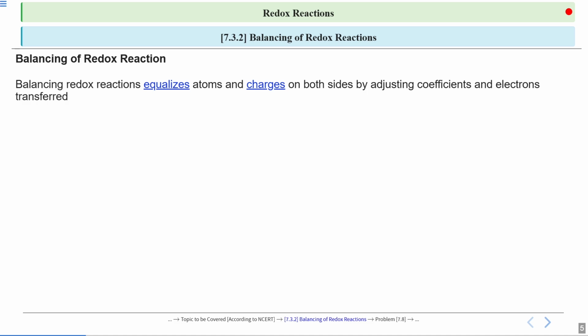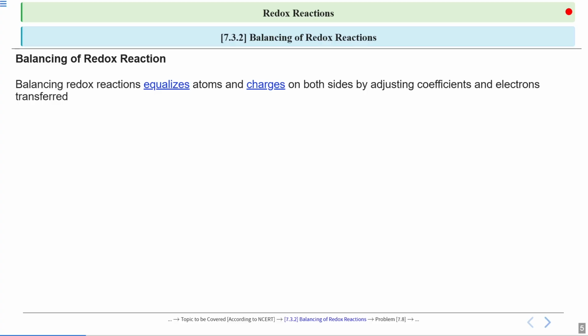By adjusting coefficients and electron transfers, you can equalize the atoms by placing coefficients ahead of the participating reactants and products. In this way, you will be able to maintain equal atoms on both the sides.